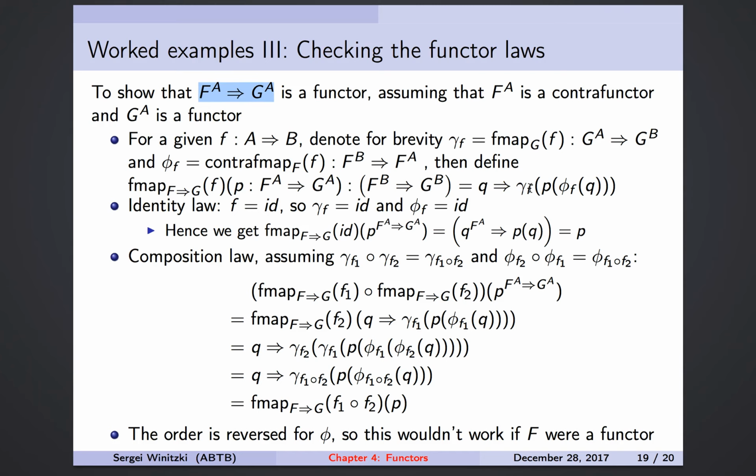Because gamma is identity, phi is identity, so it's q going to p of q right here. Now q going to p of q is the same as p, because this is a function that takes some argument and applies p to that same argument. It's the same as what p would do by itself. So this expression is exactly the same as this expression in its effect.